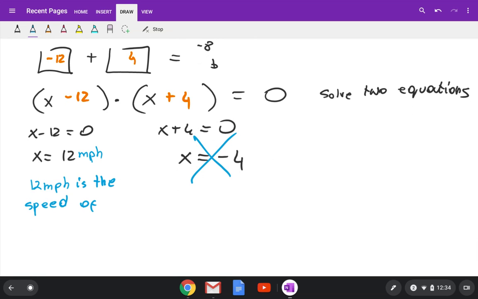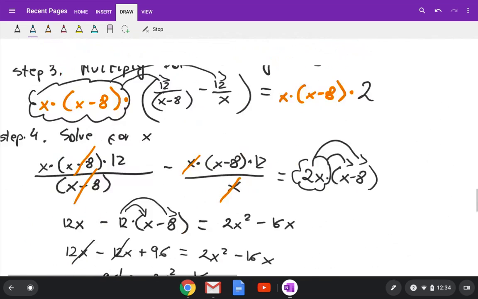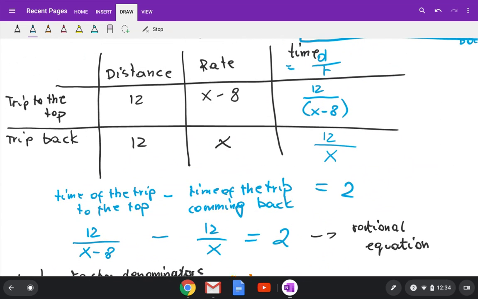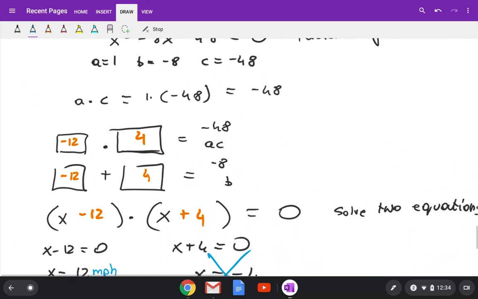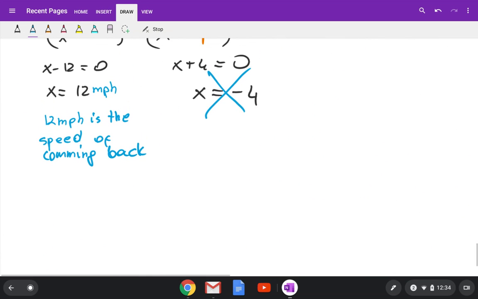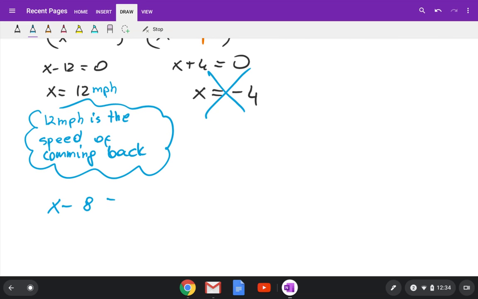of the coming back trip. Now if we're talking about the speed going to the top of the mountain, it's going to be x minus 8. So we have 12 as the one answer, and then x minus 8 will be 12 minus 8, which is 4 miles per hour.